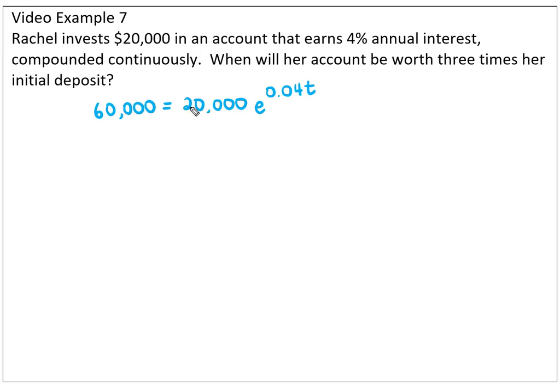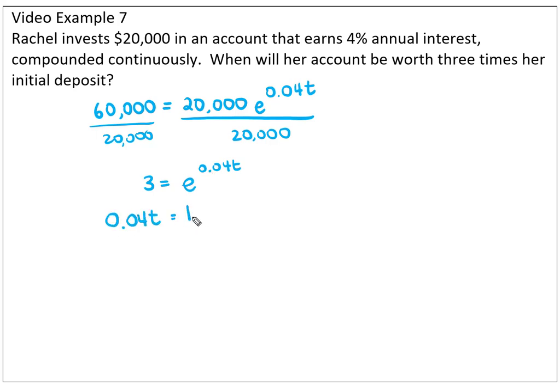First, we want to isolate, so we're going to divide both sides by 20,000, and we're left with 3 equals e to the power of 0.04t. And then we're going to pull down that power and make it natural log of 3. So see where that natural log of 3 comes from?